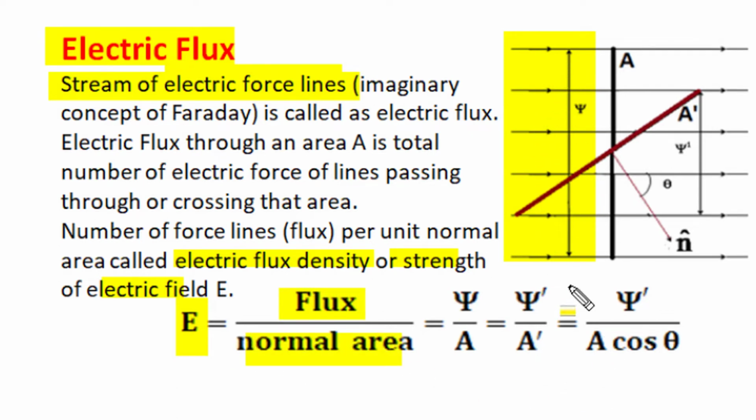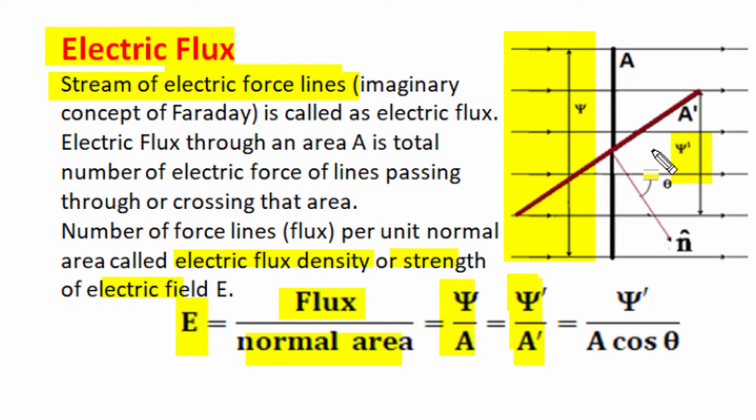If phi amount of flux is passing through A area, then flux per unit area is flux density or electric field intensity. Now in the same electric field, if this area is tilted to new position shown by this brown diagram as A dash by an angle theta, we found that amount of flux passing through this new position gets reduced to phi dash, but since force lines distribution is the same, the ratio of phi dash and this normal area A dash of total area A remains the same.